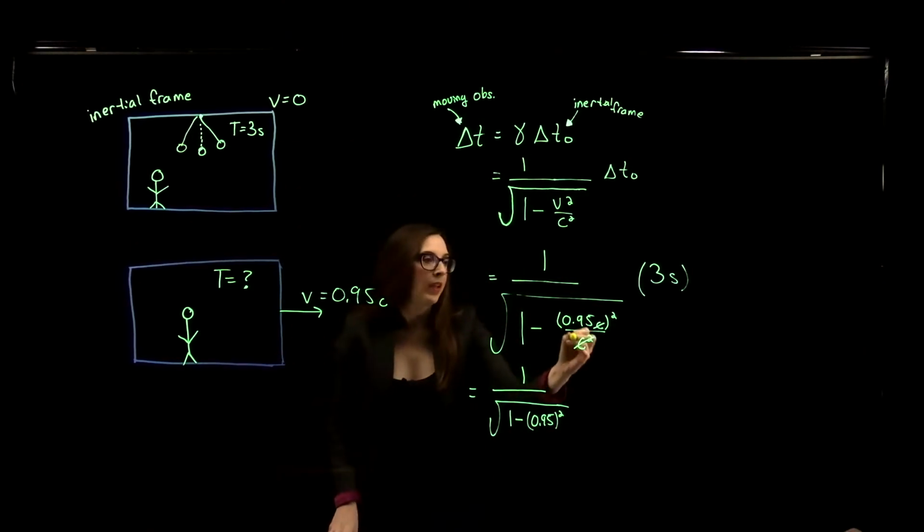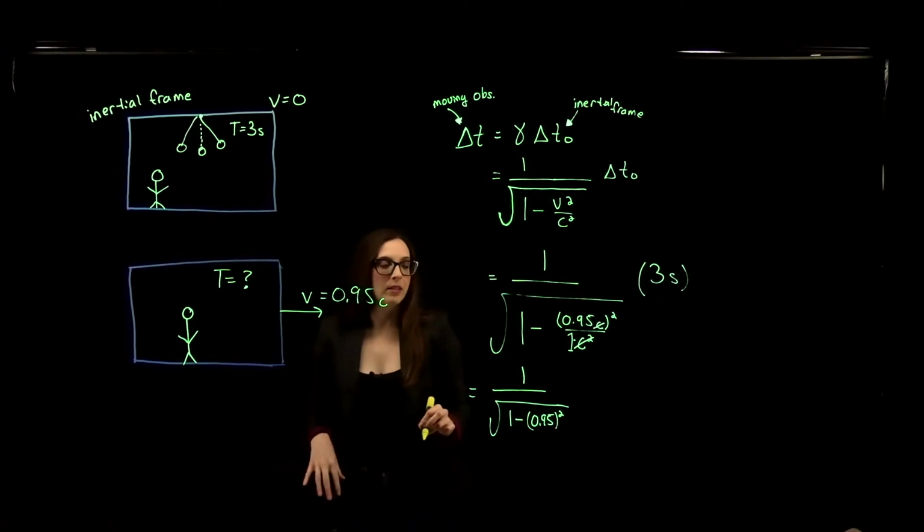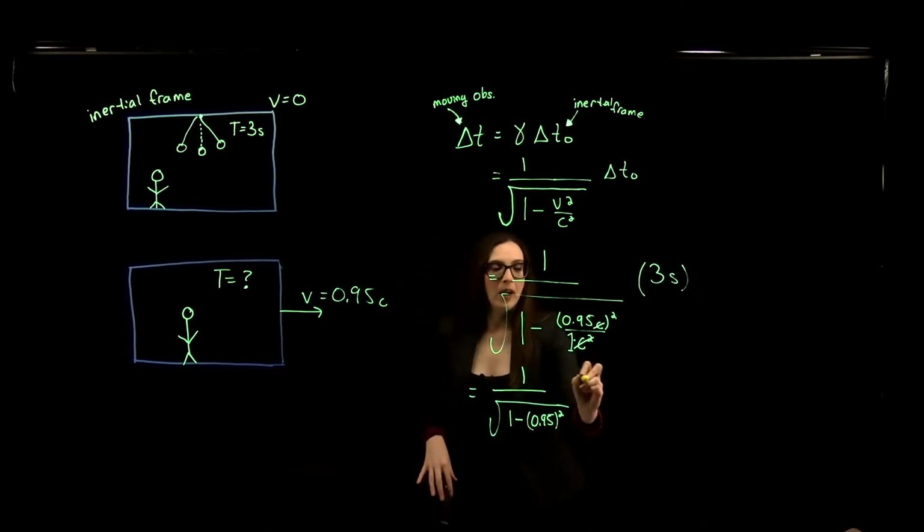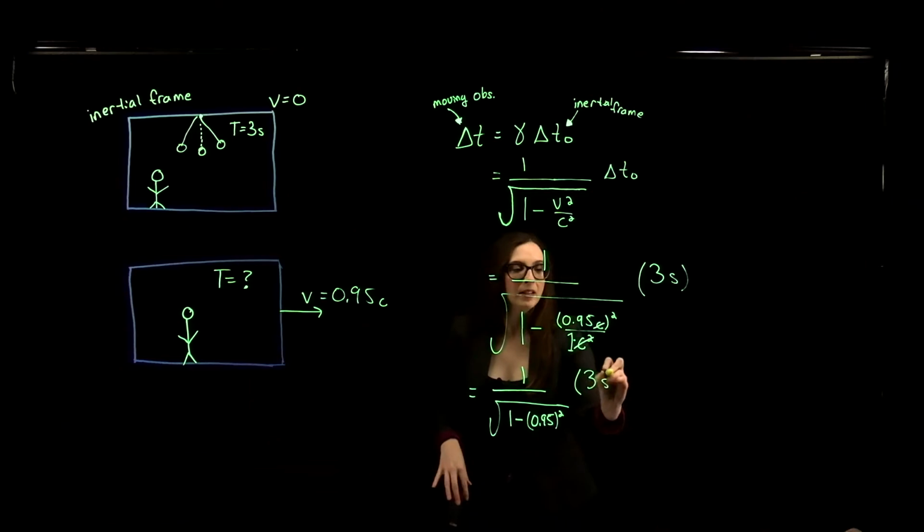If those c's cancel on top and bottom, then I've got 0.95 squared by itself. And then we have to multiply this by 3 seconds.